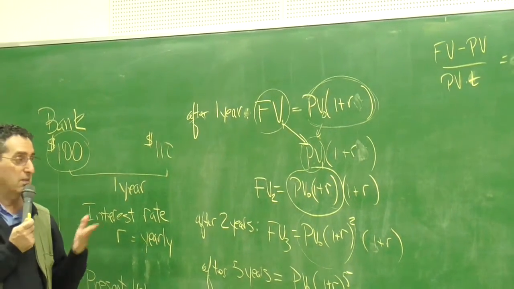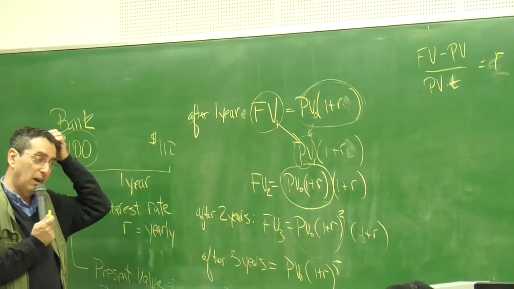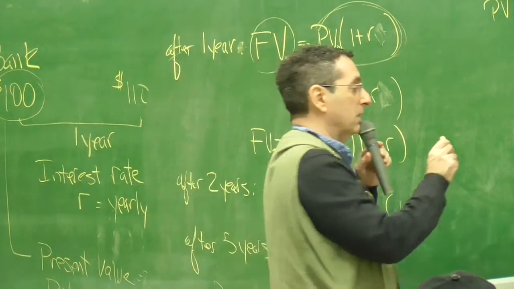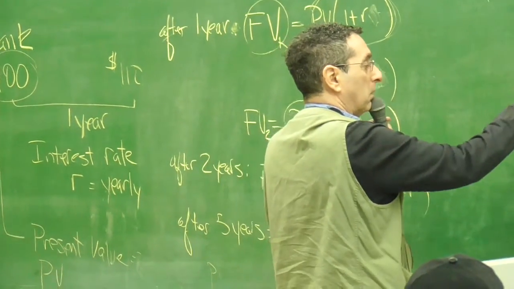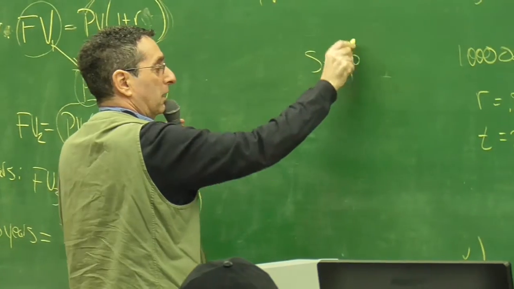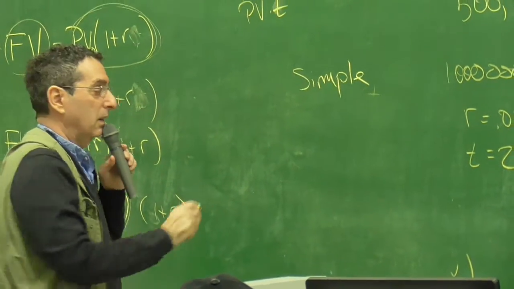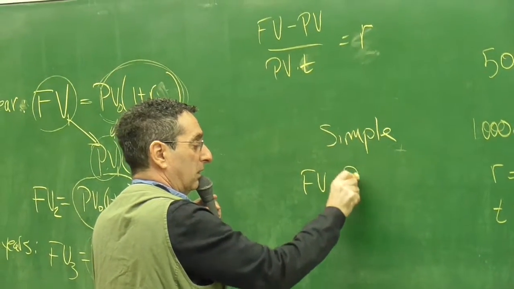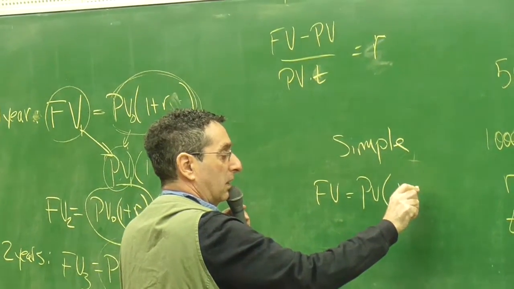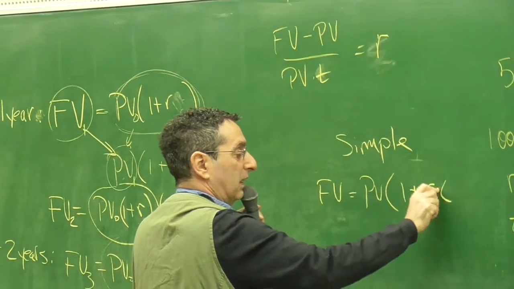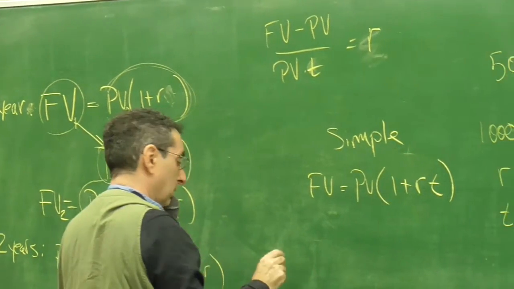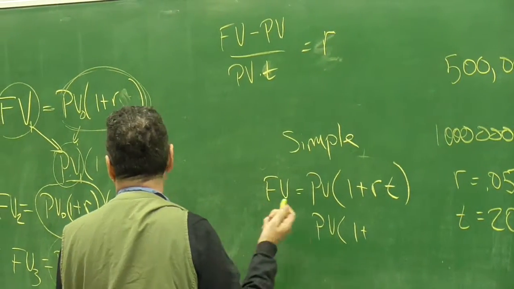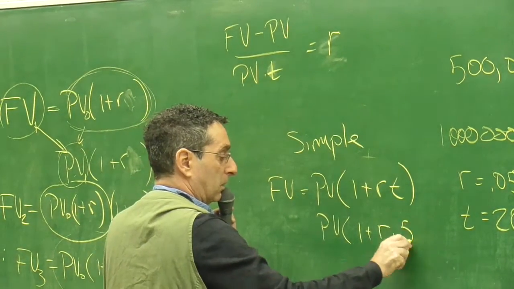Okay? So if you want to know, after... Now if we didn't do that, that was called compound, but what's the simple again? Simple interest, what would that be? FV equals PV times 1 plus RT, so in this case it would be PV times 1 plus R, times 5.